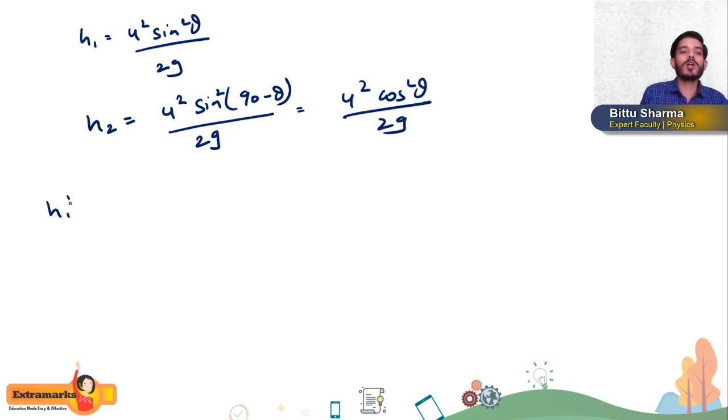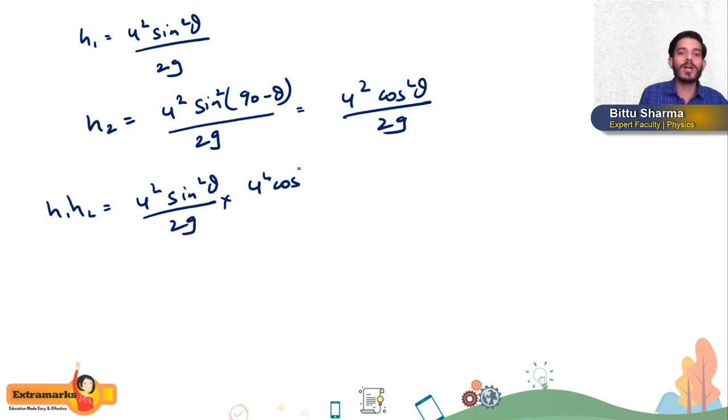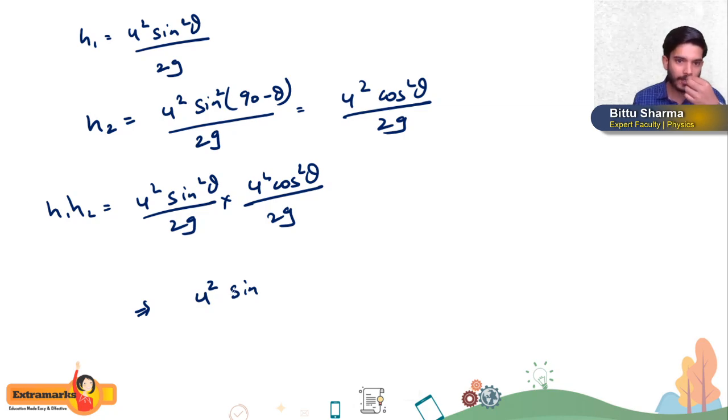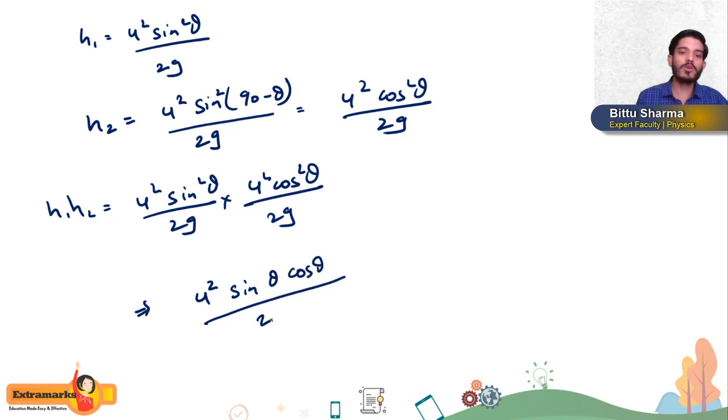Students, if you calculate the product of h1 and h2, it will be u square sine square theta divided by 2g into u square cos square theta divided by 2g. So you can write this as (u square sine theta cos theta divided by 2g) whole square.